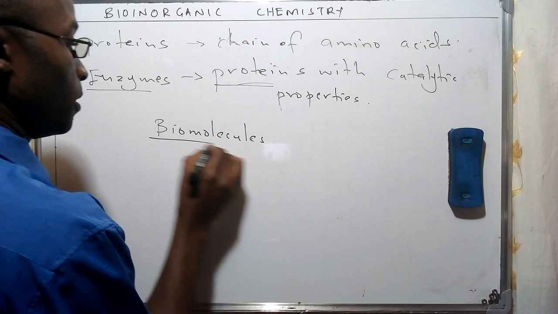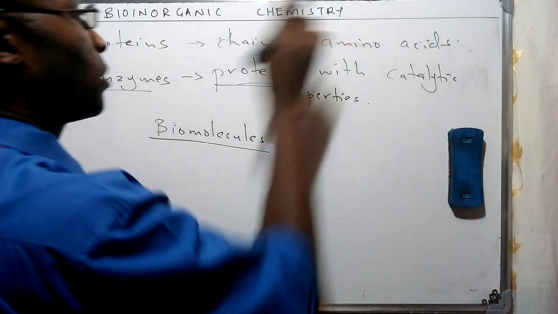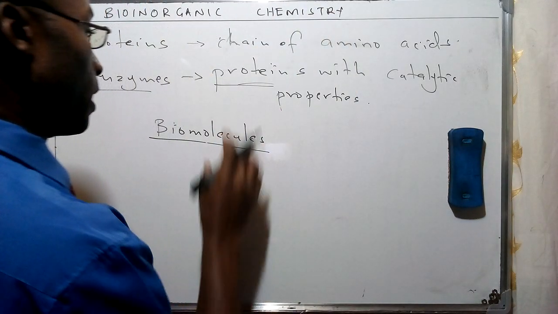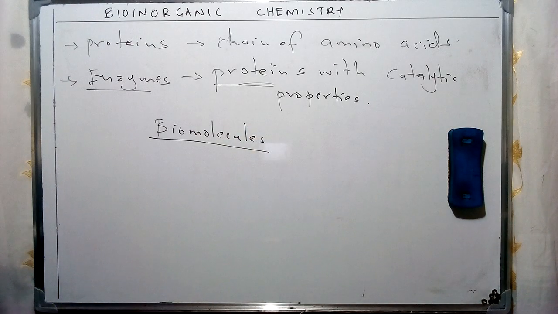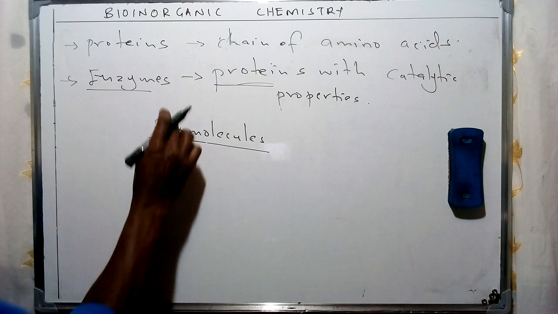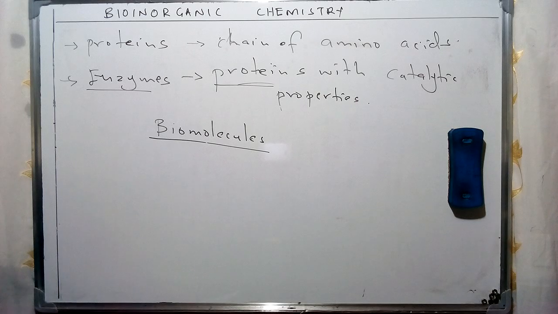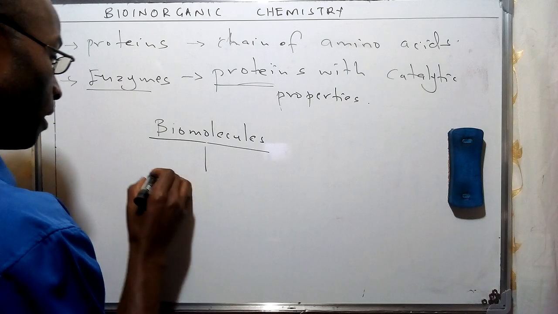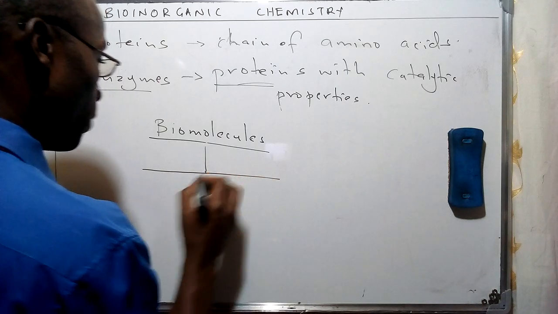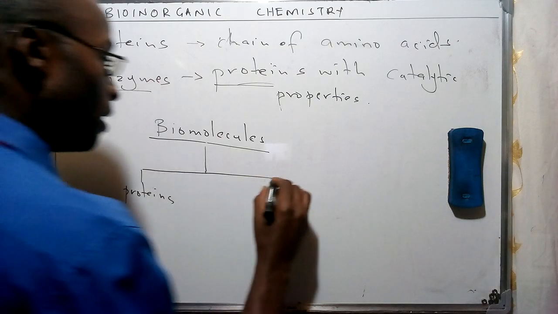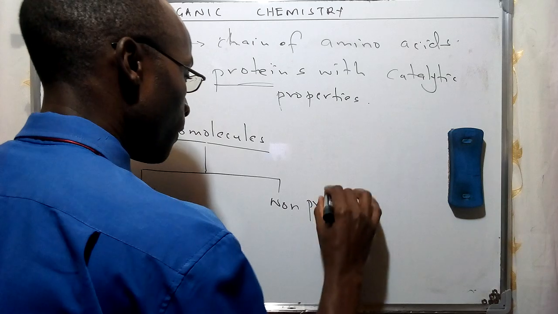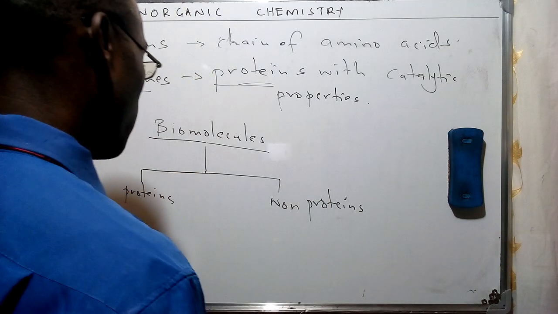And in our definition of this concept in our first video, I said that we're going to have a range of biomolecules that consist of carbohydrates, lipids, and other molecules which we're going to see, like the nucleic acids, etc. So proteins are a set of biomolecules, and some of them are going to be non-proteins, which is another division of these biomolecules.